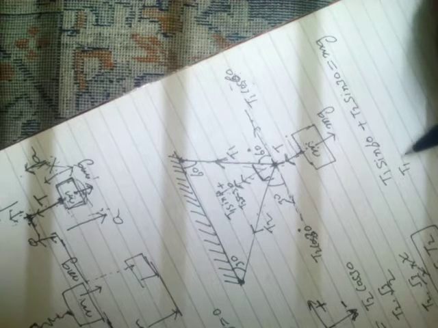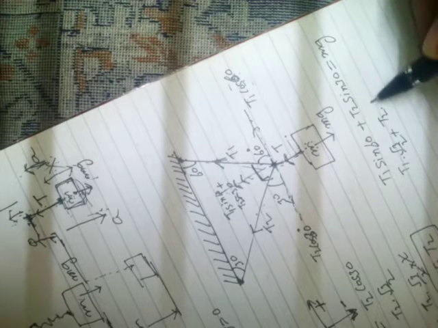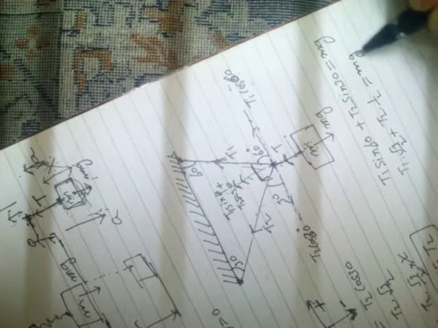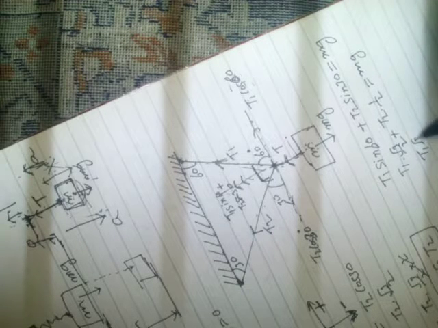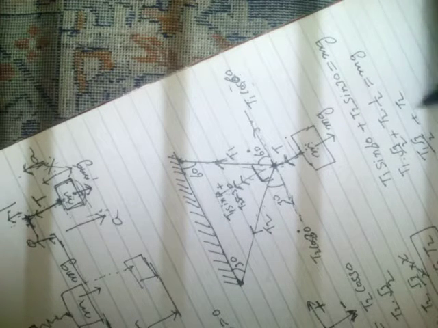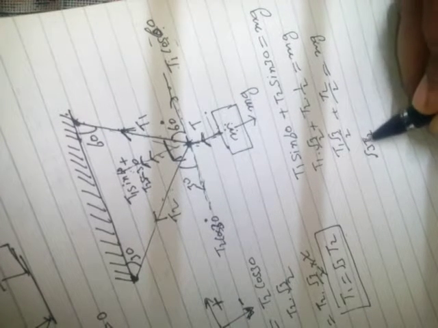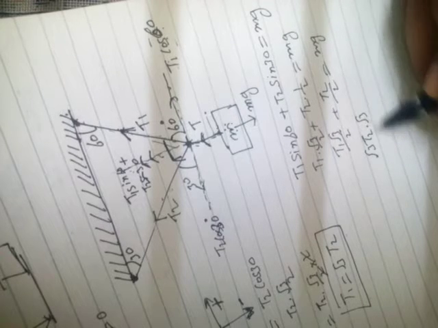Here T1 sin 60 is root 3 by 2, plus T2 sin 30 is 1 by 2, equal to mg. We have T1 root 3 by 2 plus T2 by 2 equal to mg. And we just calculated T1 is equal to root 3 times T2. So put this value of T1 here, then root 3 times T2 into root 3 by 2 plus T2 by 2 equal to mg.